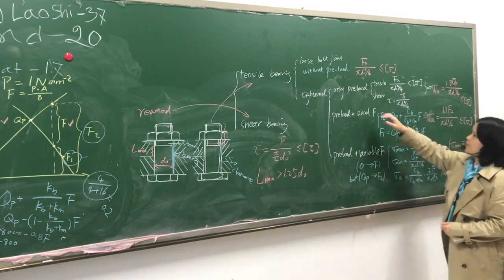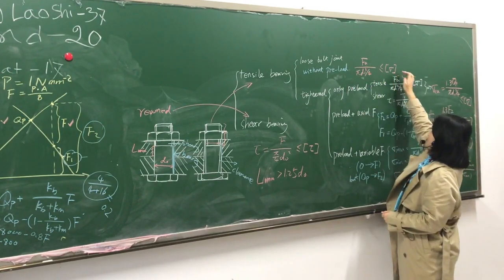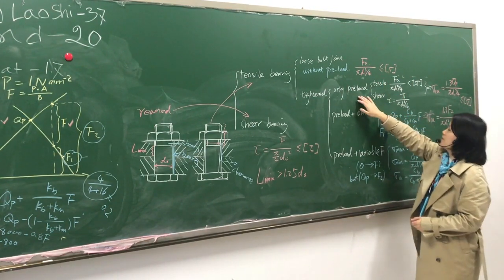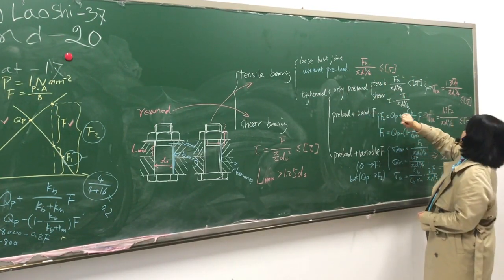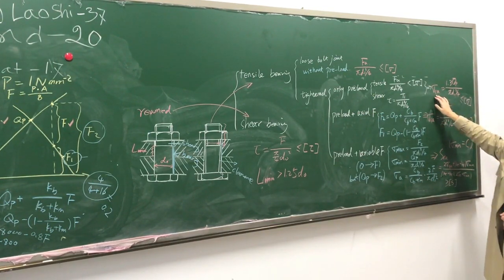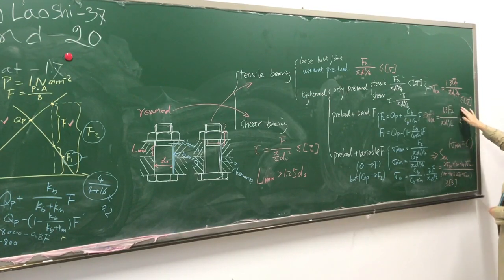If in this condition we use this equation to design, and in this condition we use this to calculate the sigma Ca, and the sigma Ca should be less than allowable sigma.